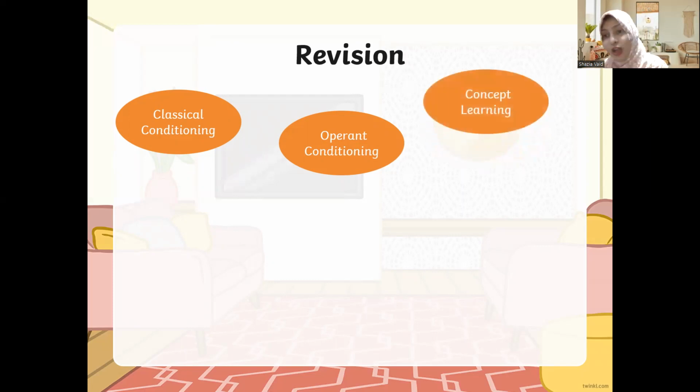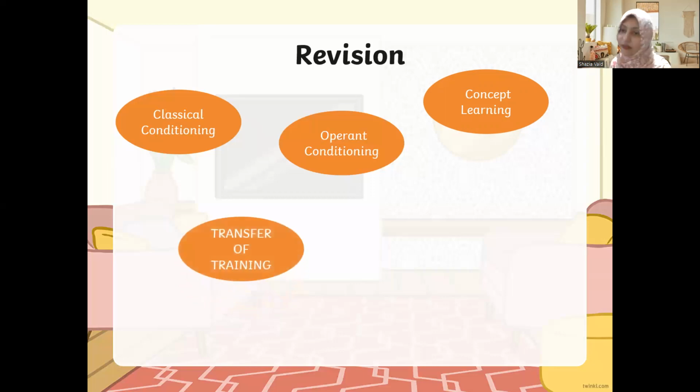Then we learned about concept learning. What was concept learning? When we divide, when we categorize events and objects, it is called concept learning. And we usually implement concept learning in higher learning. Then there's transfer of training. What was transfer of training?